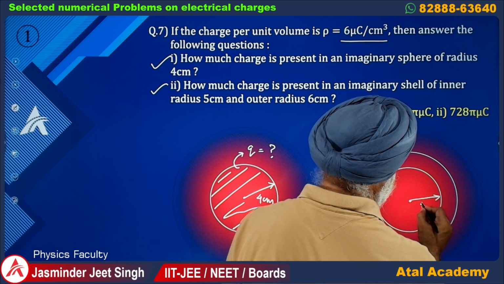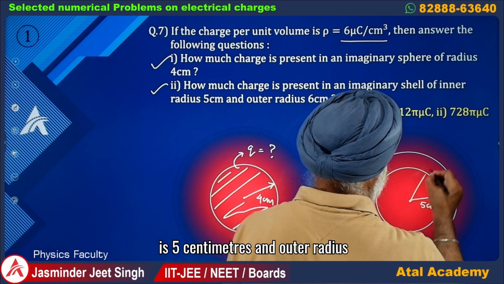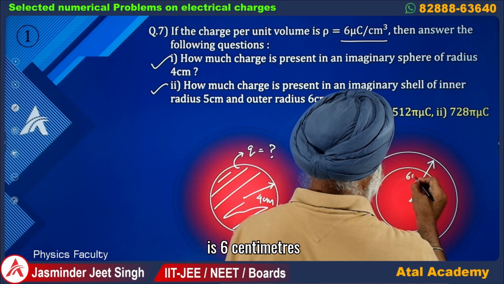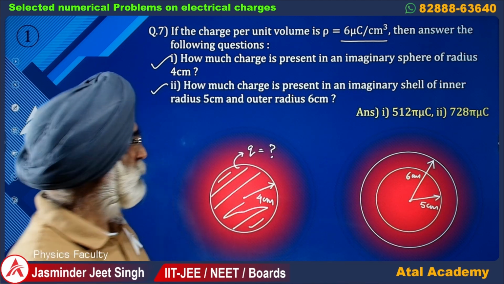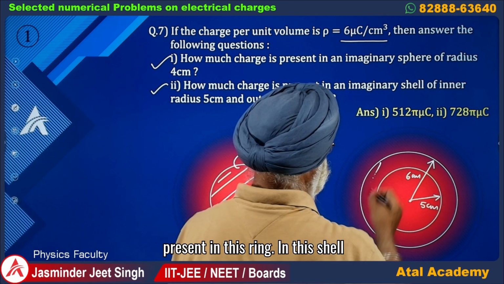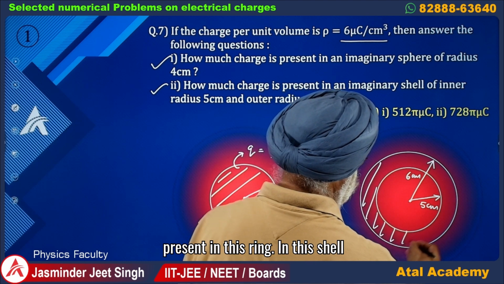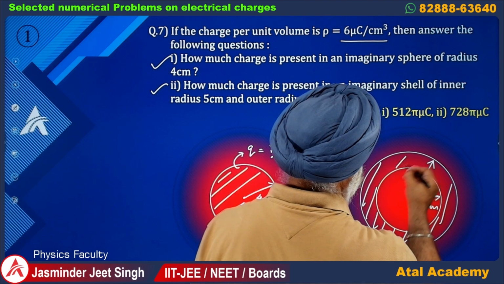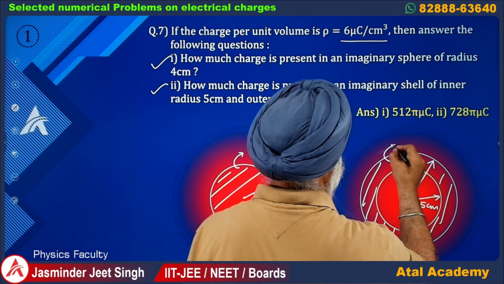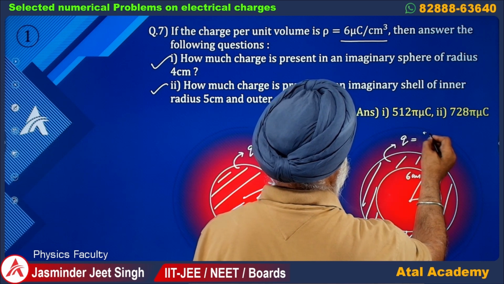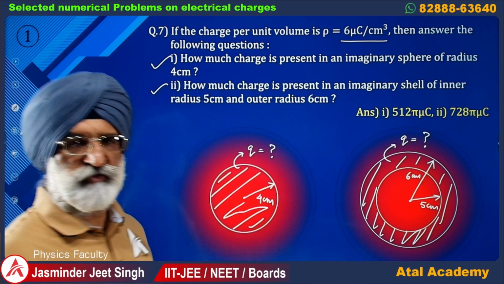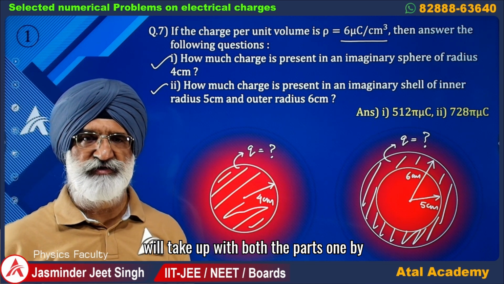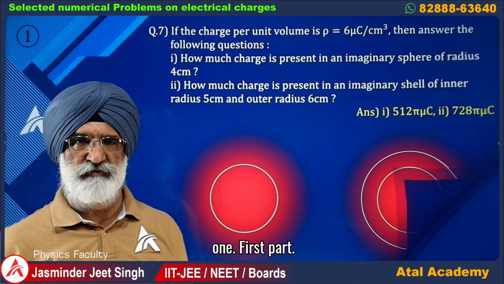Inner radius is 5 centimeters and outer radius is 6 centimeters. And we want to find out the charge present in this shell. We will take up both the parts one by one.